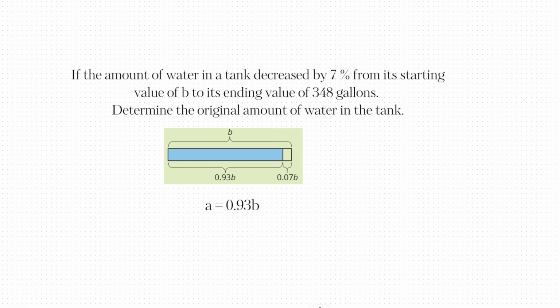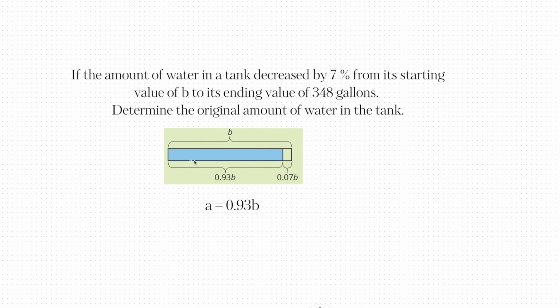It says, if the amount of water in a tank decreased by 7% from its starting value of B to its ending value of 348 gallons, determine the original amount of water in the tank. Imagine we have a big tank of water. The tank was decreased by 7%, and now there's 348 gallons in there.